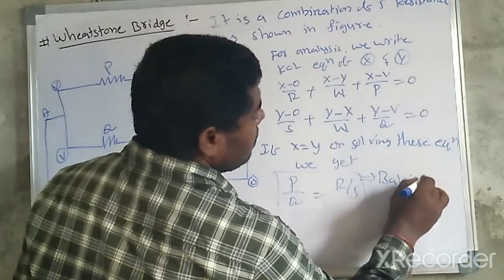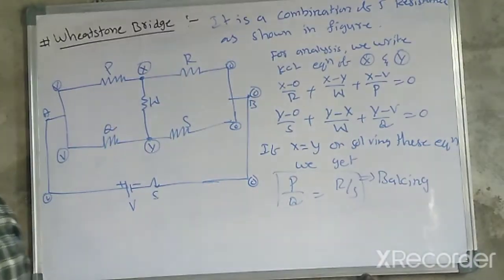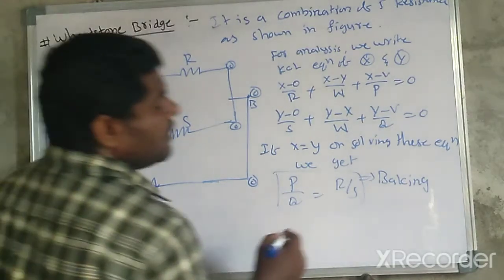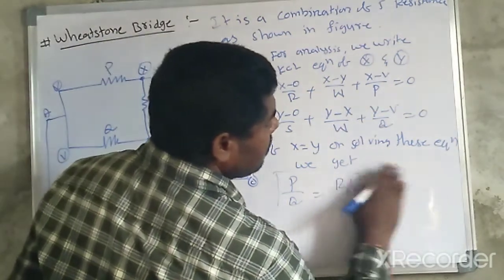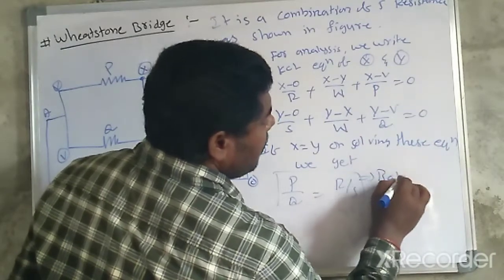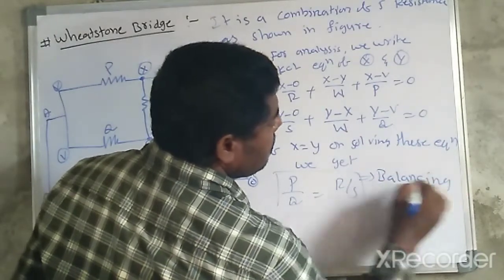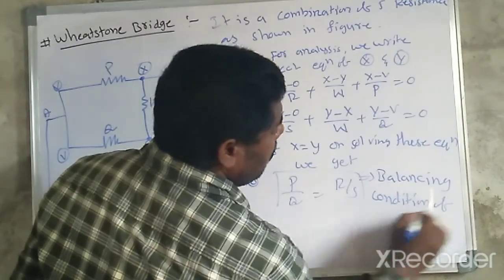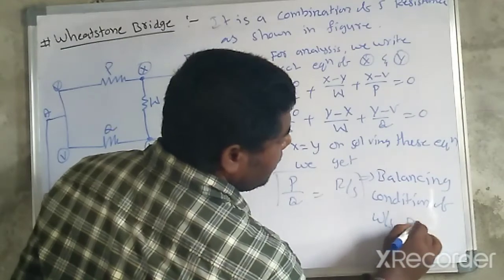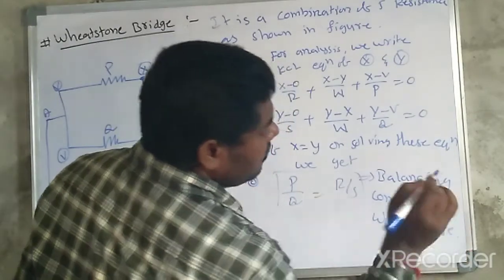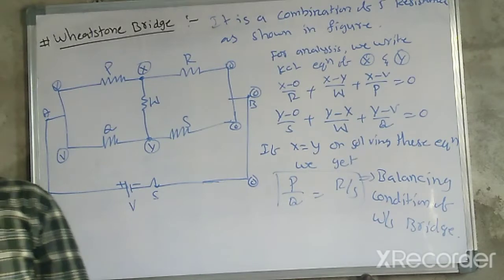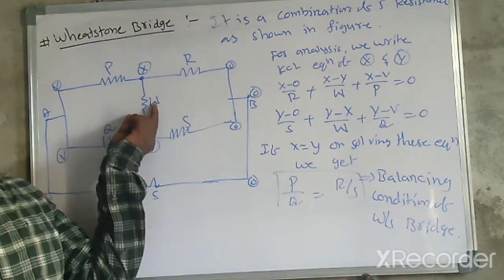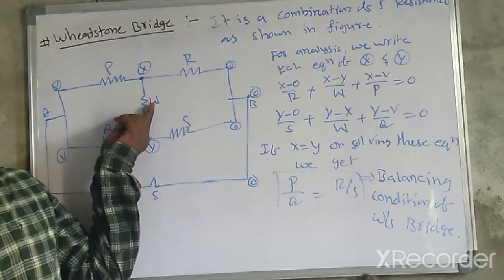P by Q is equal to R by S is nothing but the balancing condition of the Wheatstone bridge. It means in this balanced condition, you may remove the fifth resistor for analysis.